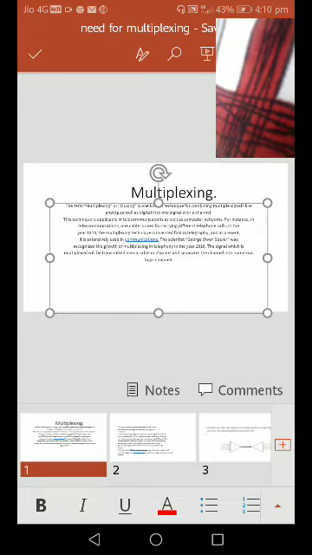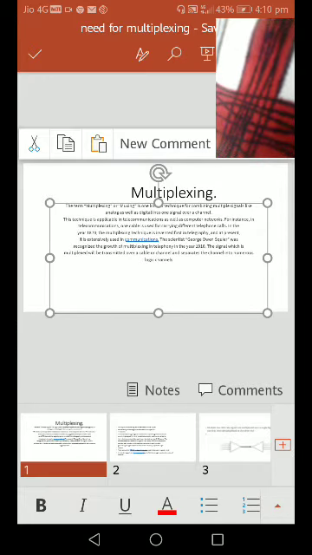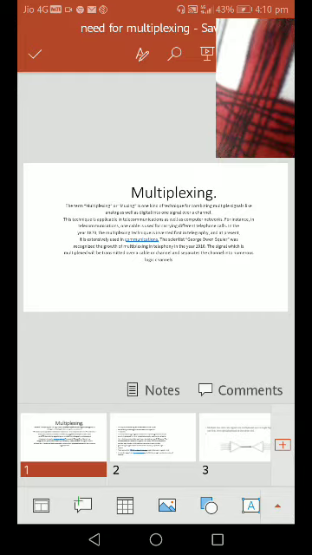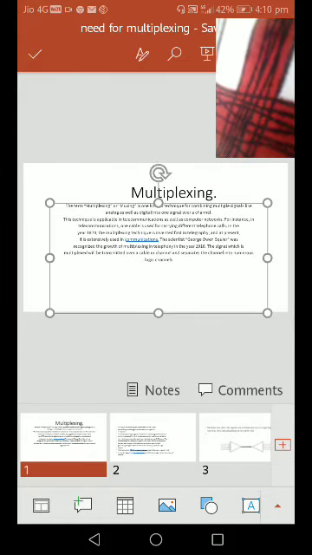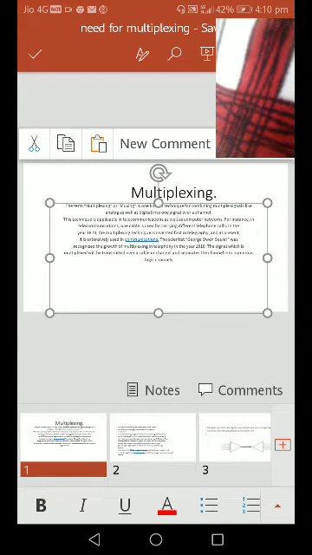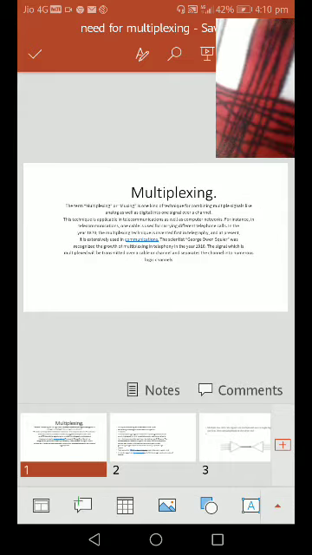The scientist George Owen Squier recognized the growth of multiplexing in telephony systems in the year 1910.